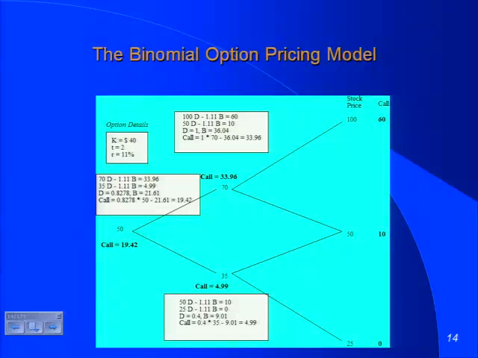So I set up the equation. If I buy delta shares of stock, if the stock goes to 100, I get 100 times delta. I have to pay off the borrowing with 11% interest rate. And the difference has to be equal to 60. So 100 times delta minus the borrowing with the interest is going to give me 60. If the stock goes to 50, 50 times delta minus 1.11B has to be equal to 10.